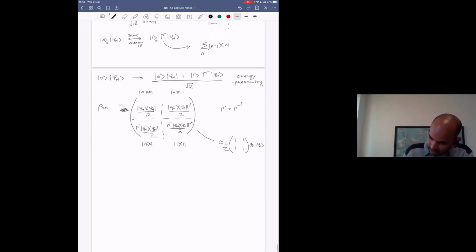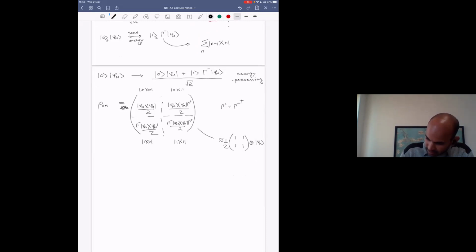And instead of proving that this property is true directly, I'm just going to say, imagine now I measure the system in the plus minus basis. This is a way to check whether I've gotten the system to be in the state plus, or whether I've gotten it into some arbitrary mixed state that I don't know about.